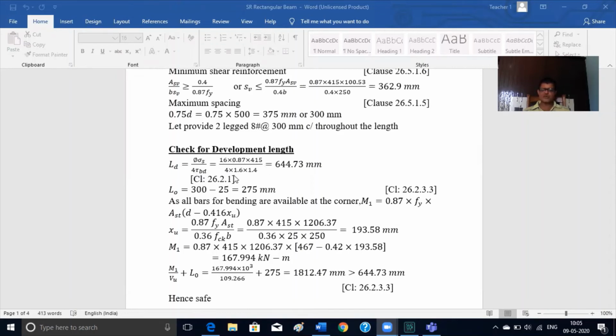We can take this reinforcement beyond the center of support. This is your support. So from the center you can take it up to the support end, and you can leave only 25 mm cover from this. So the rest is available for you as anchorage. So L0 is equal to 300 minus 25 beyond the support.